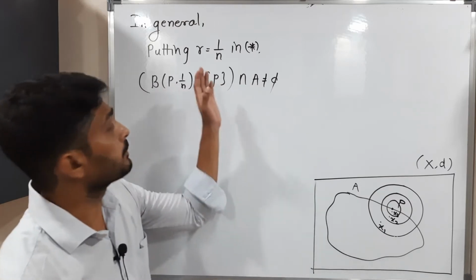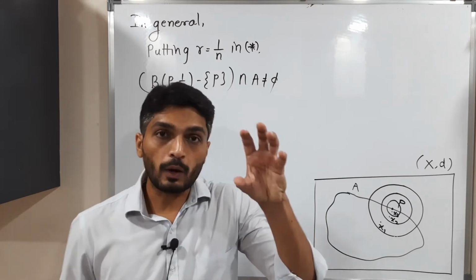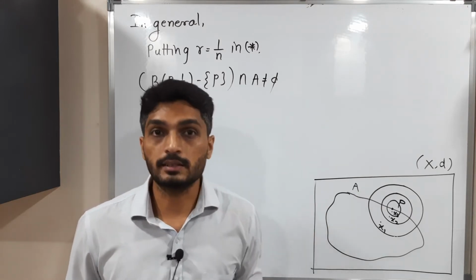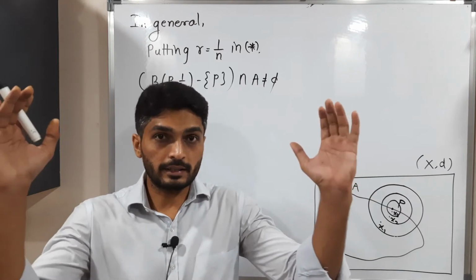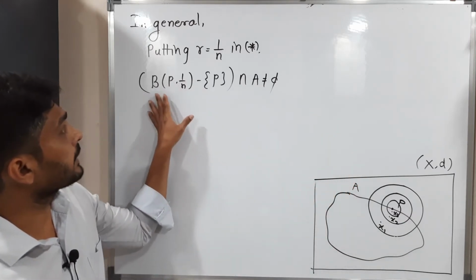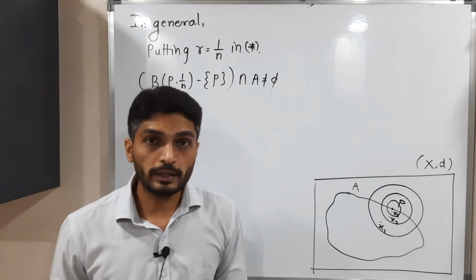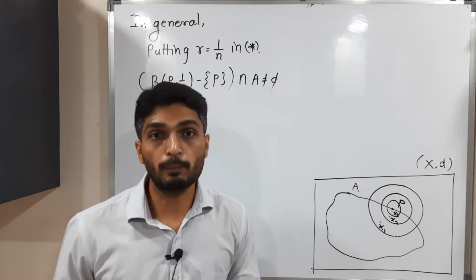In general I will put r equal to 1/n. We will have concentric circles with center P and reducing radius. For r equal to 1/n also we will have intersection not equal to phi, so again we can choose one point xn.